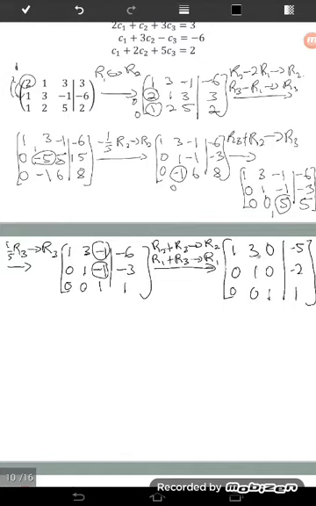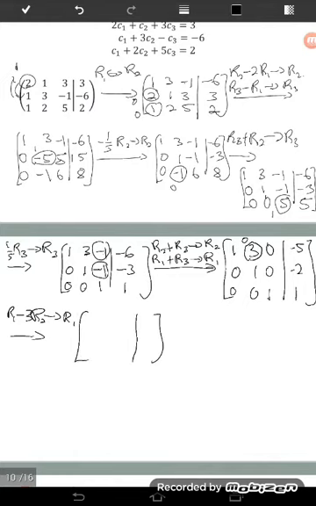And then next, make this one become 0. To make this one become 0, we use row number 1 minus 3 times row number 2 and put it back at row number 1.